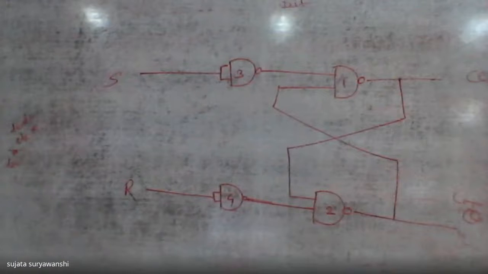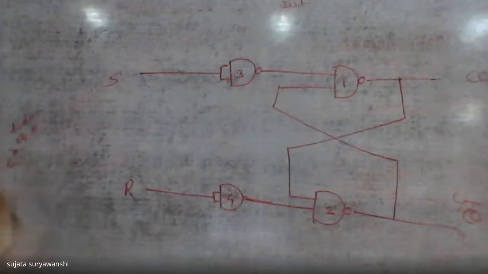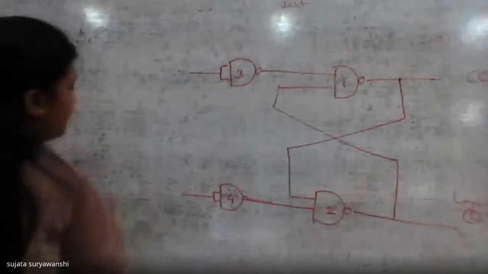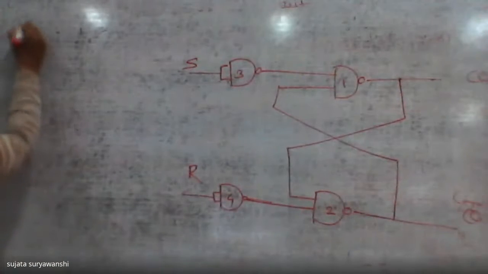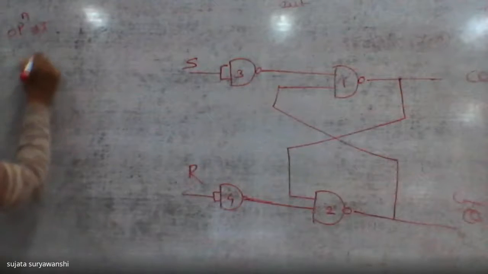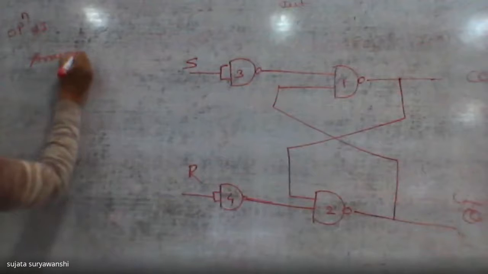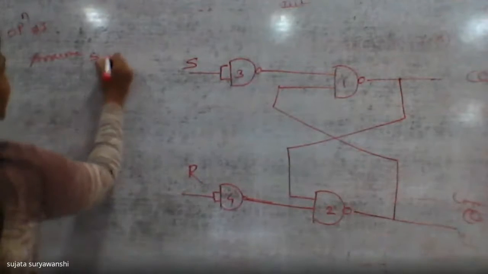We'll see the operations here. Take the first operation. Assume S and R are both equal to 0.